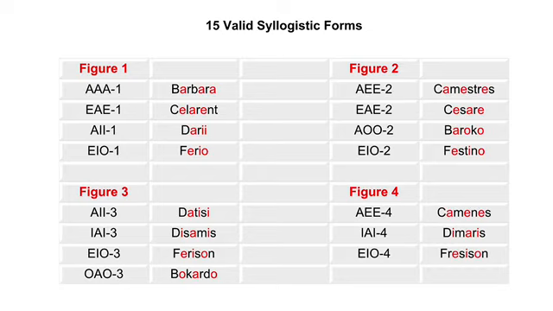Barbara, Celarent, Darii, Ferio. What on earth is that all about? In the Middle Ages, people used these, basically, little mnemonic devices to help remember the 15 valid syllogisms. Notice in the word Barbara, you have 3 A's, right? You see the word Celarent, you see EAE, right? And that goes with the different moods.